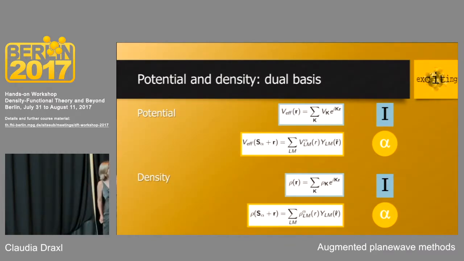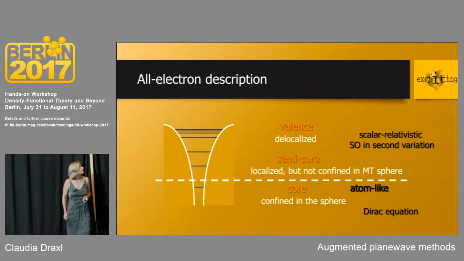We have the plane wave expansion here, and we have the atomic solutions in this part. The most important part, of course, is then the wave function, which I'm going to show you in a minute. Just to tell you that with this basis set, we can treat everything on the same footing.